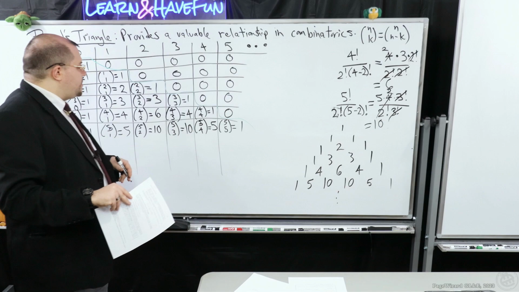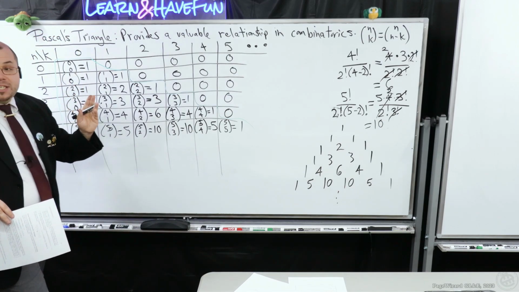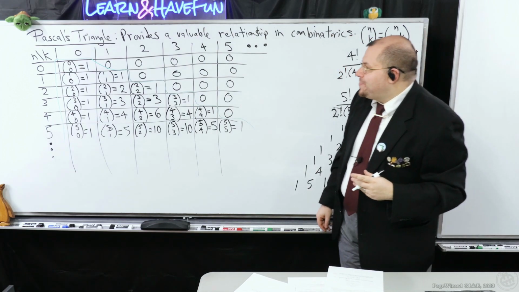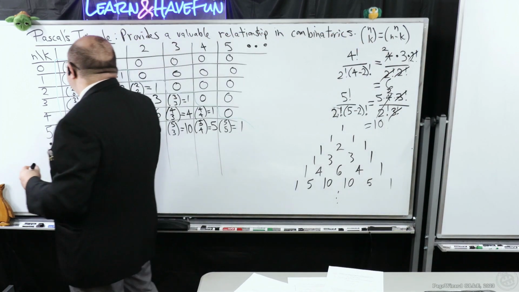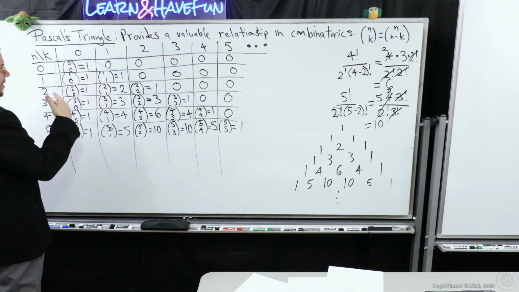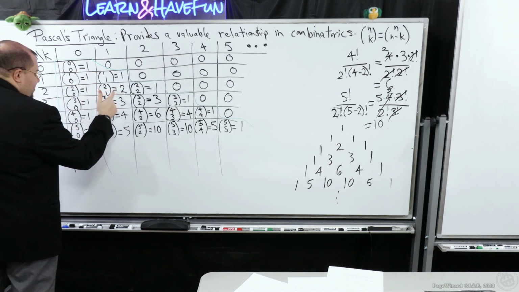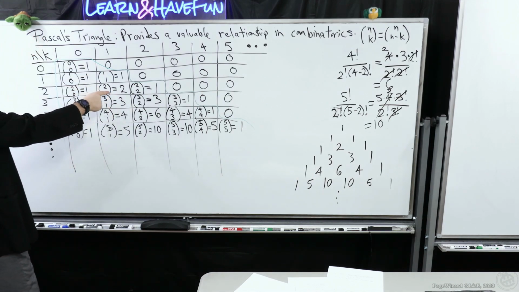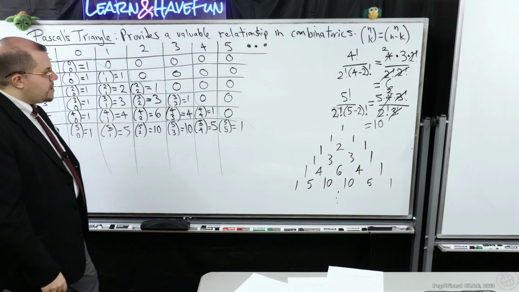There are lots of neat things about Pascal's triangle, but I want us to notice something that's really neat about this triangle. I really want you to think carefully about this. Why would it be that the answer here is 2? Well, it's when n is 2 and k is 1. But do you notice anything?